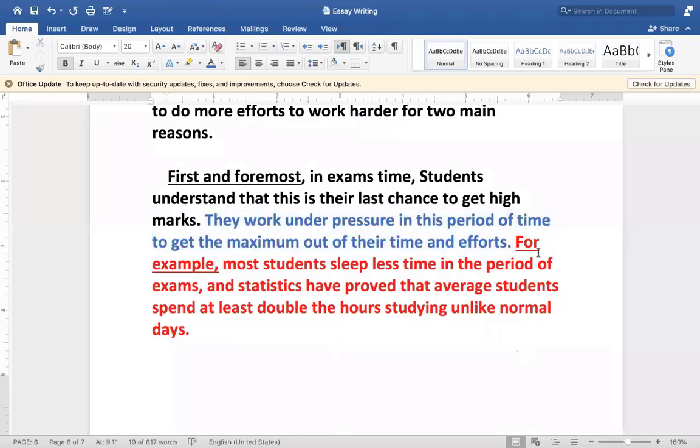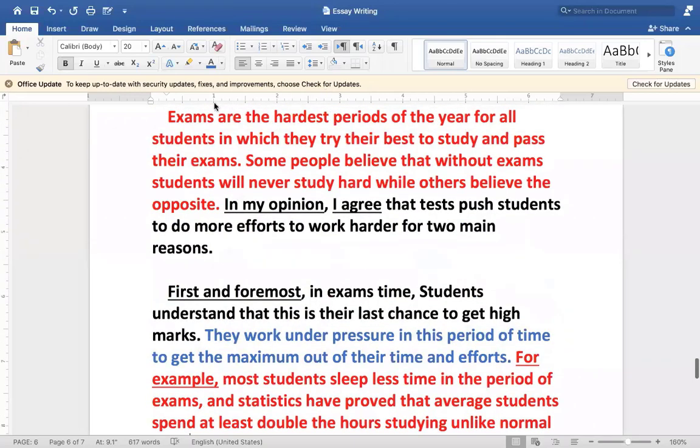What do I have at the end? I have the example. So I have reason 1, support 1, example 1. What do I have in the introduction? Here I have the hook. In the middle, I have the general background, or the sentence that shows both sides. At the end, I have the thesis statement.